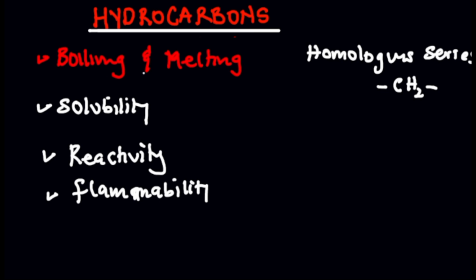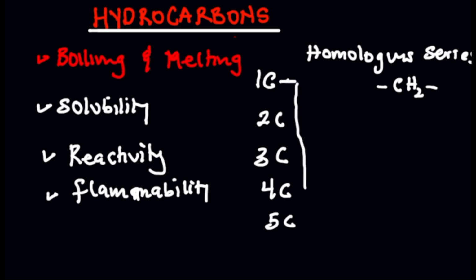When it comes to boiling and melting point, a hydrocarbon with a single carbon atom, 2 carbon atoms, 3, 4, 5 carbon atoms, generally has different boiling and melting points. Whenever we go from the top here, which is 1, down to this side, the boiling and melting point of hydrocarbon will increase.